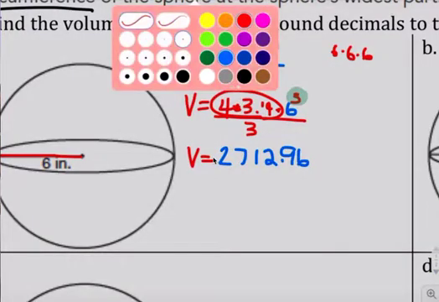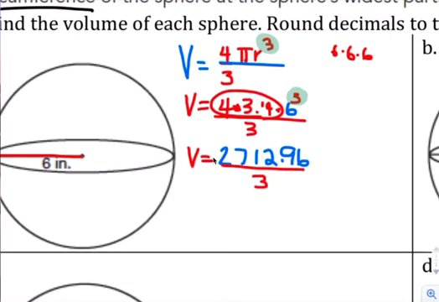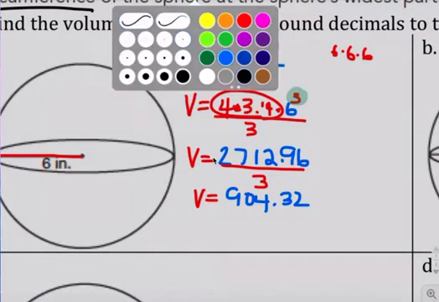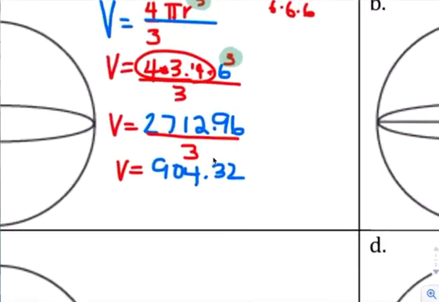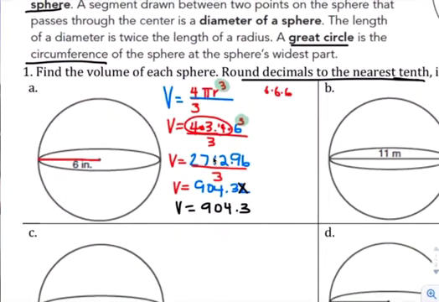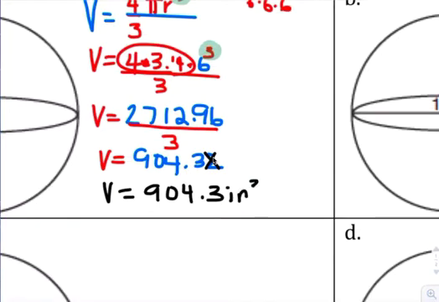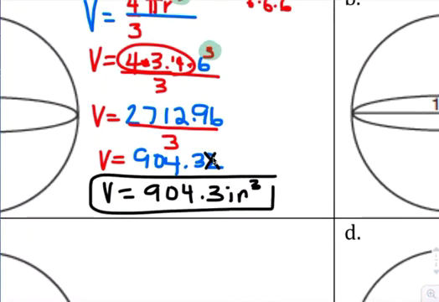After that, you divide by 3. You get a volume of 904.32. It says to round the decimal to the nearest tenth if necessary. So the tenths place: the volume equals 904.3 inches cubed. There is your answer.